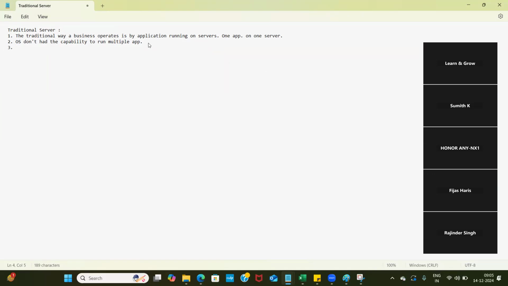And of course, the main point: the applications are not able to take full benefit of the server. Means they are not able to utilize the full server resources, right?